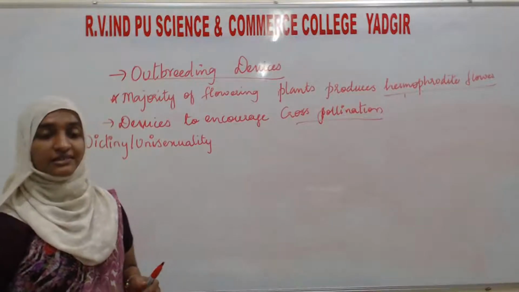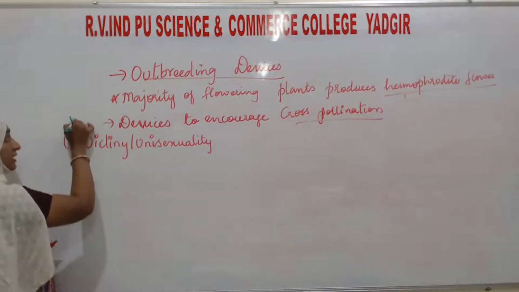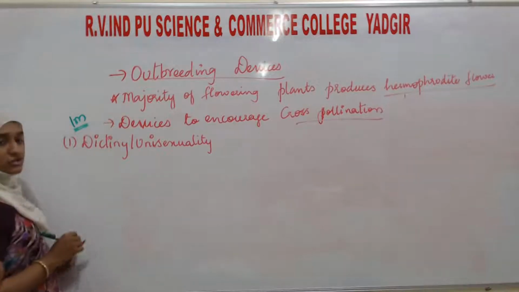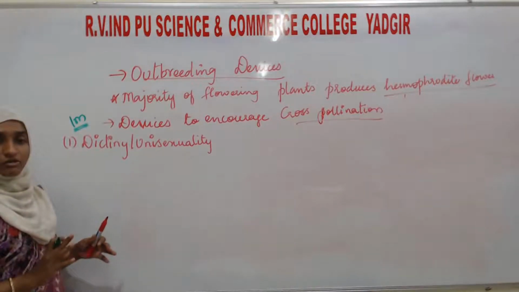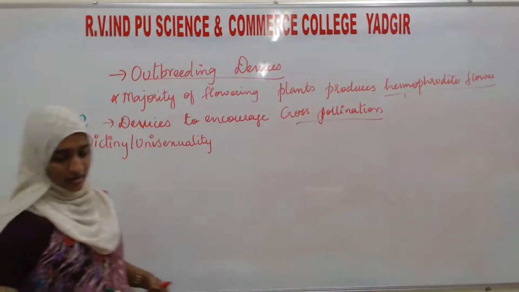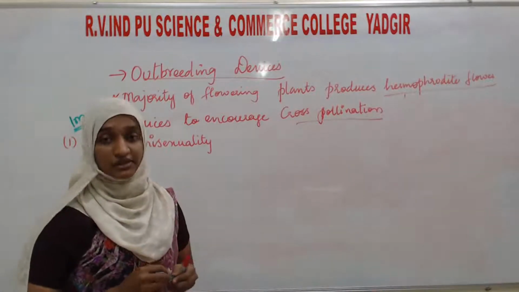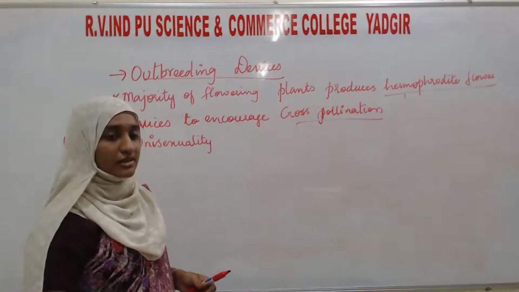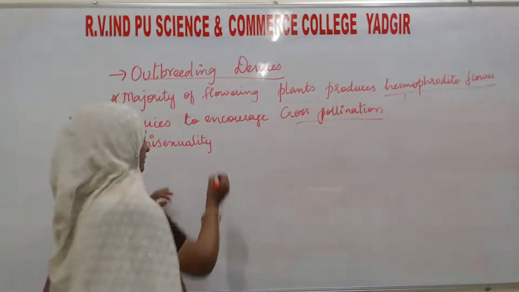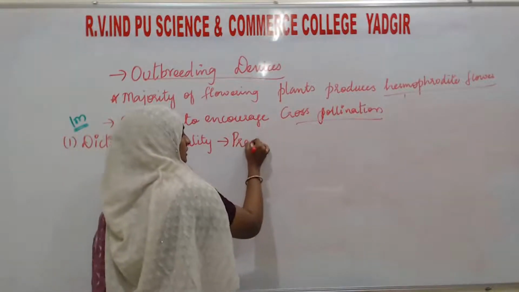Like that, they may also ask in 1 mark, what do you mean by declining, what do you mean by unisexuality of flowering plants? Declining or unisexuality means the presence of unisexual flowers.